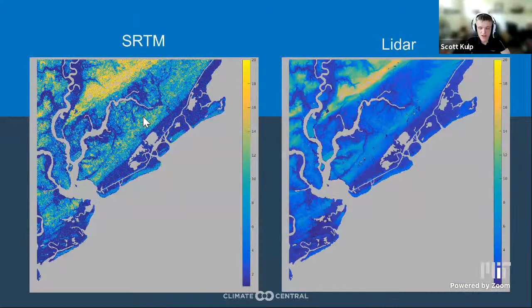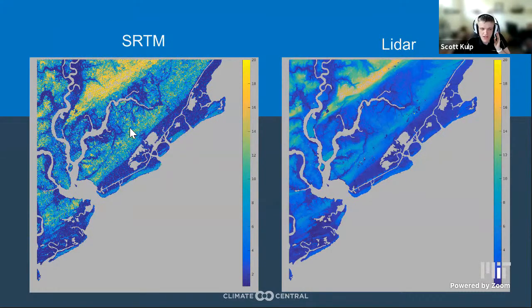Just to illustrate the problem, this is the Charleston, South Carolina area, specifically Charleston and the suburbs around here. These are elevation maps according to SRTM and the LiDAR elevation model. It becomes really clear to see the error, especially around here.